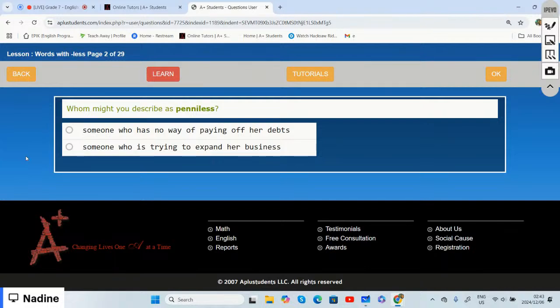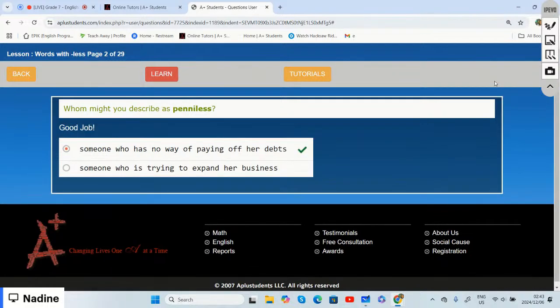And someone who we would describe as penniless is someone who has no way of paying off their debt.